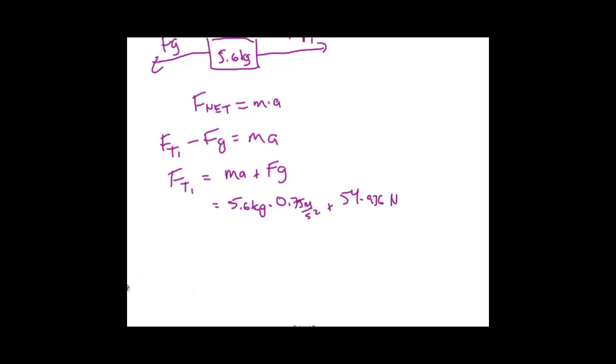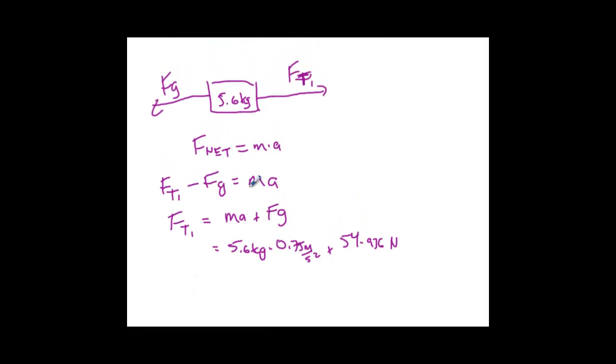Hopefully this makes sense. The tension in the rope then should be based on two things. It should be based on how much mass this bucket has times its acceleration, which is going up, I guess, towards the right. But we'd also have to add on some extra tension because this bucket itself has some gravitational forces acting on it.